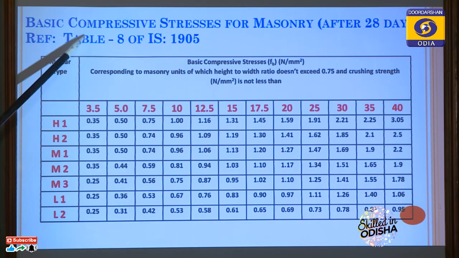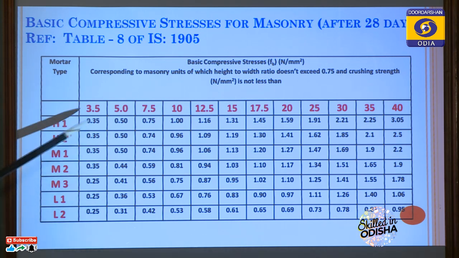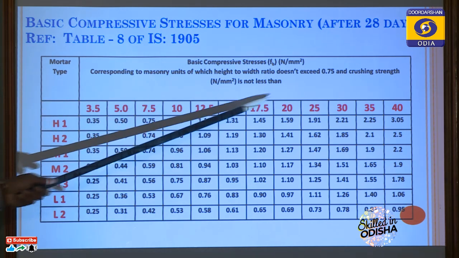So how to calculate basic compressive stresses for masonry? See here, in this column, whatever is visible to you on the screen, these are the mortar grades: H1, H2, M1, M2, M3 and L1, L2. These are high, medium and low grade of mortar. And these are the masonry units crushing strength.